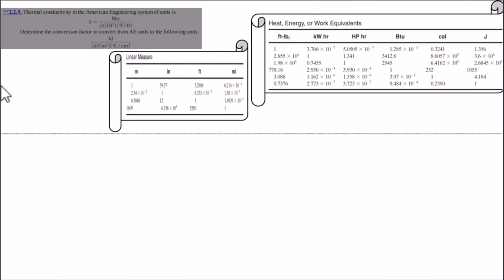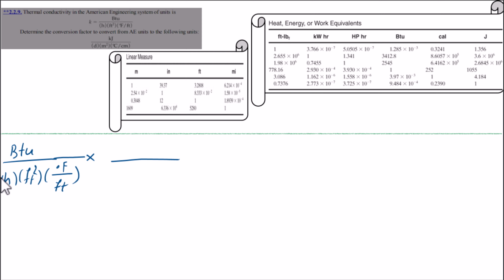This question says that thermal conductivity in the American engineering system of units is this, and determine the conversion factor to convert from AE units to the following units. Let's get started with the known. We are going to convert BTU per hour square foot, Fahrenheit per foot to this.